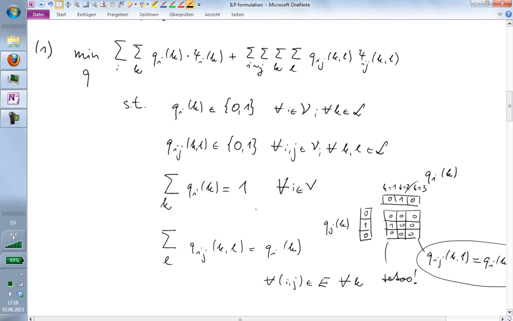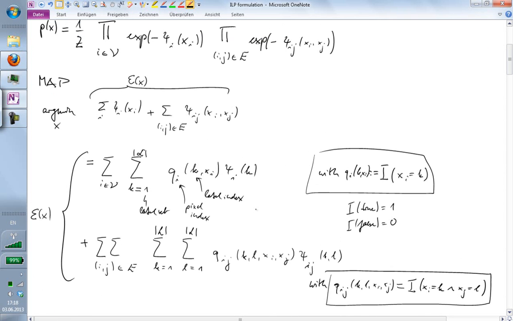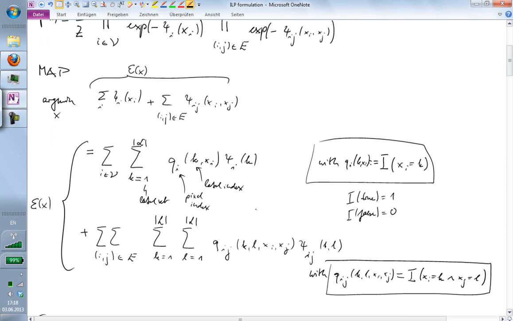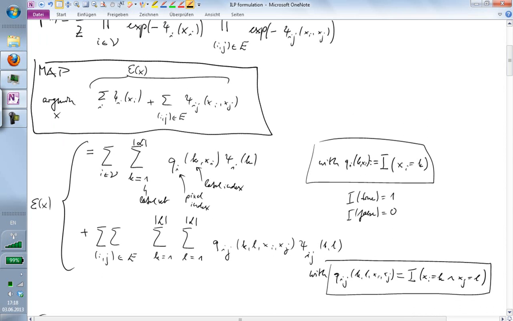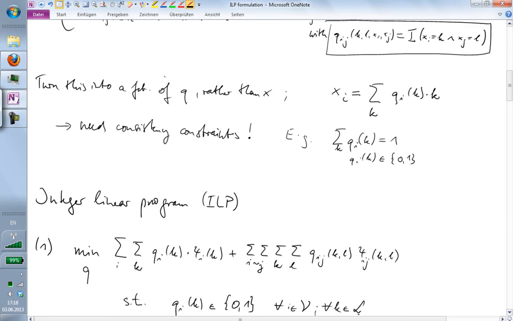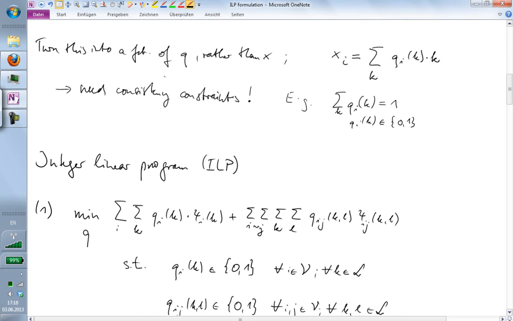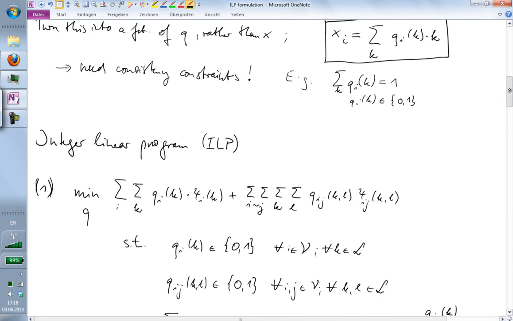Valid meaning that solving this amounts to solving the original MAP problem that we started out with. So solving this MAP problem is equivalent to finding the solution to this problem 1 here, and then afterwards translating this solution back into the state of my hidden variables by using the formula that I've just put a box around.